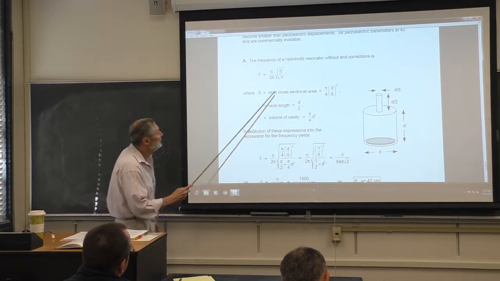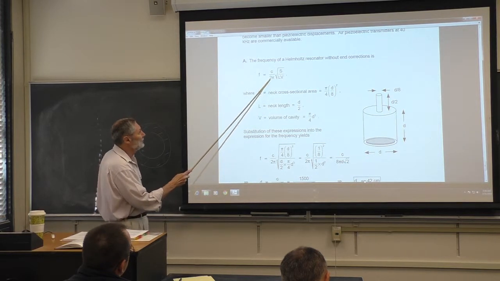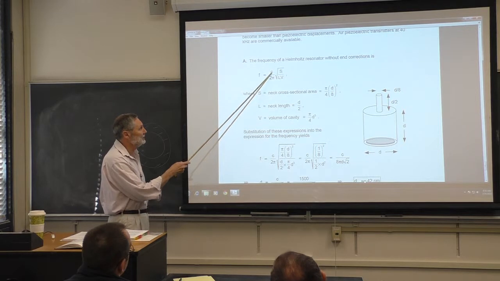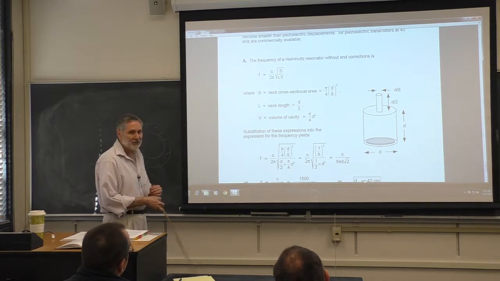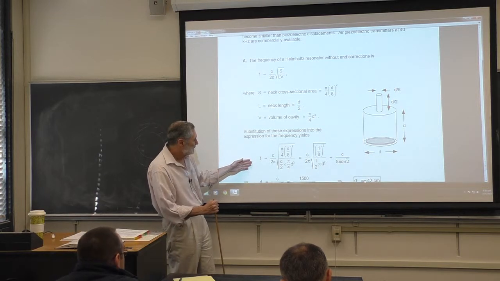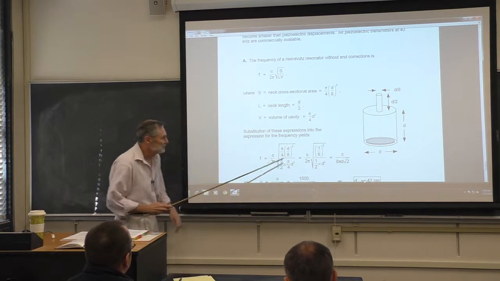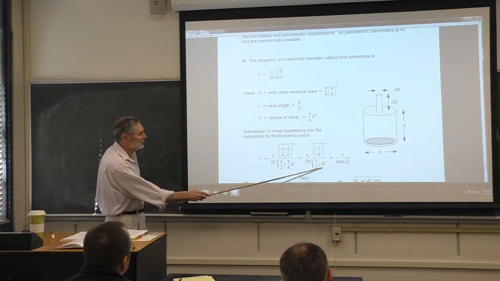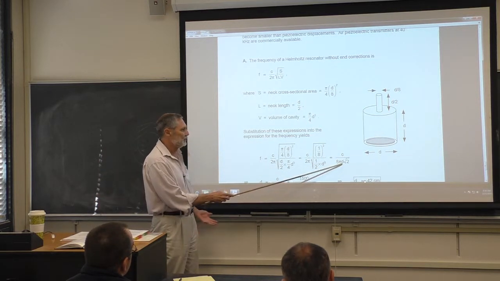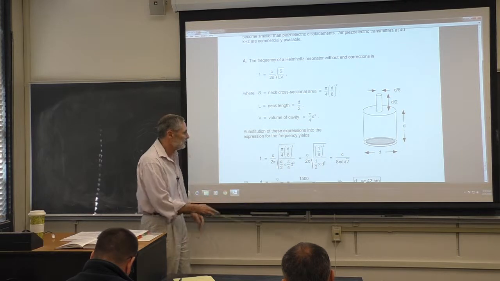So this is going to be only a function of D. We're going to assume 1500 meters per second for C. All of these things are going to be uniquely determined in terms of D. So in the end, after a little bit of algebra, we get a formula for the frequency that only depends upon D, aside from the speed of sound.